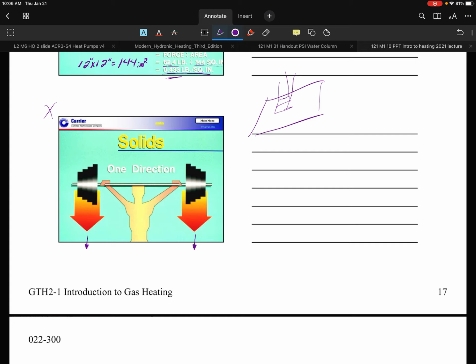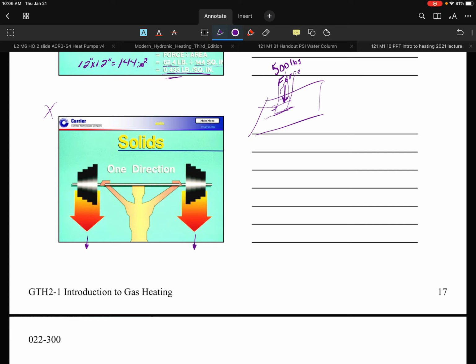So let's say this represents the base of some sort of a heating system. Now, the entire accumulated weight, that downward force, whatever that weight is. If this were a boiler, on some of these boilers that could be 500 pounds or more of force.